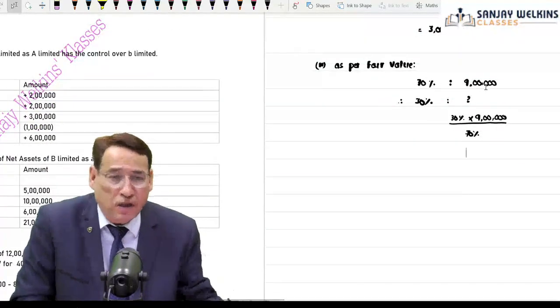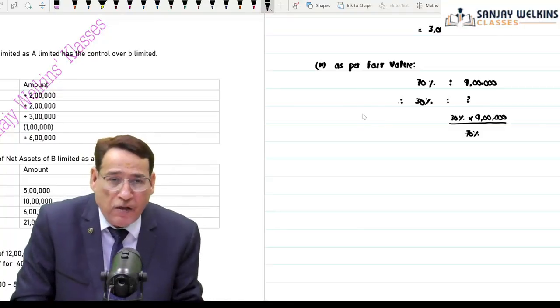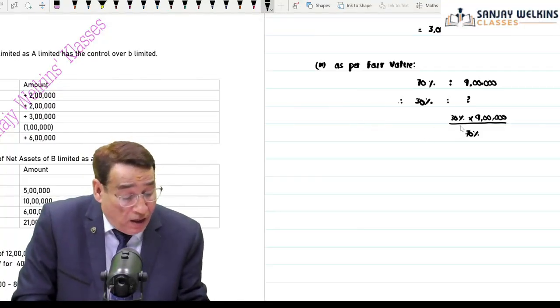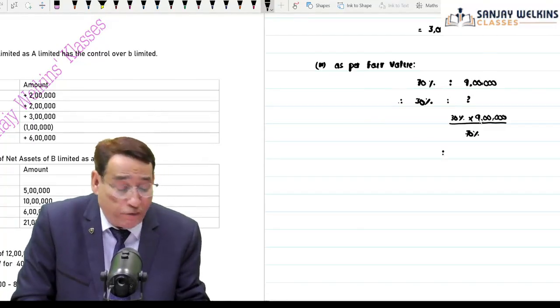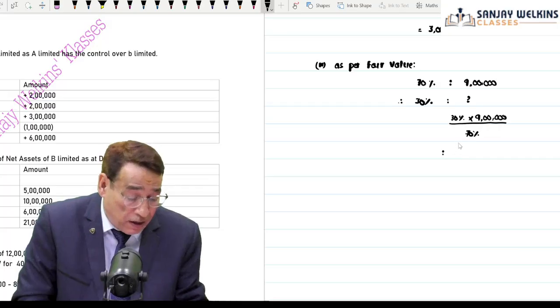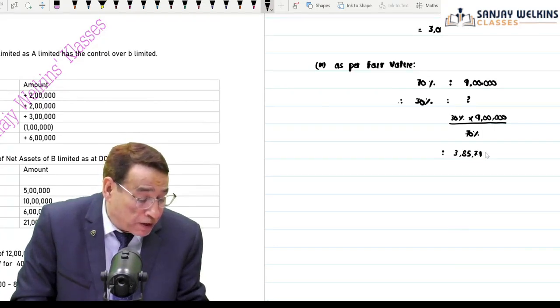Remember one thing, it is the choice of the acquirer entity whether they want to show NCI on PSNA basis or fair value basis. Now, if I take into account the value of the NCI on fair value basis, I will get something near about 385,714 approximately.